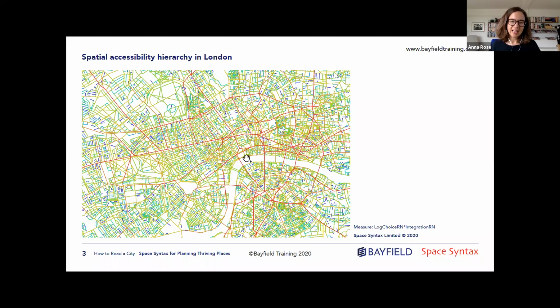And we use this tool not just to understand existing places, but also to look at master plans and interventions and new connectivity, to model what the impact might be, how these new places might function, and also how that would impact on the wider context surrounding them.